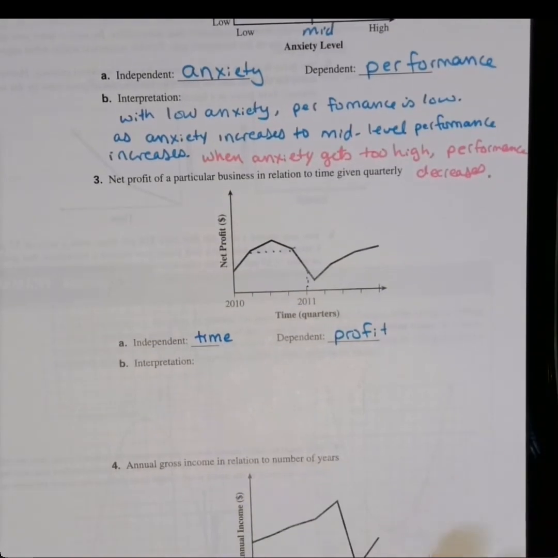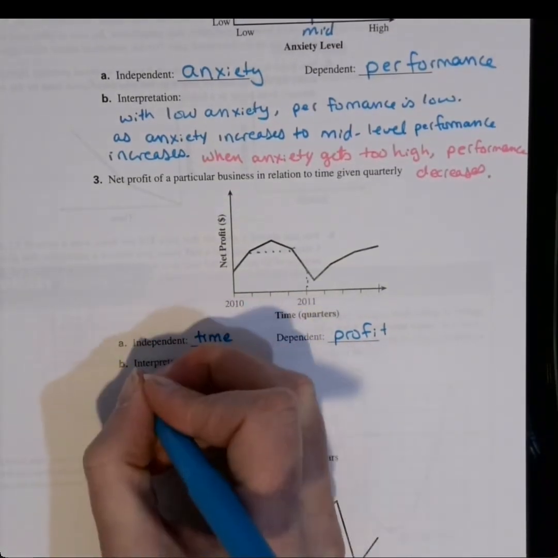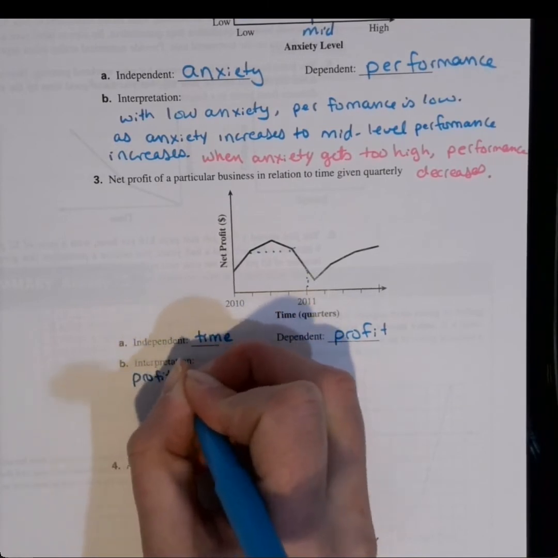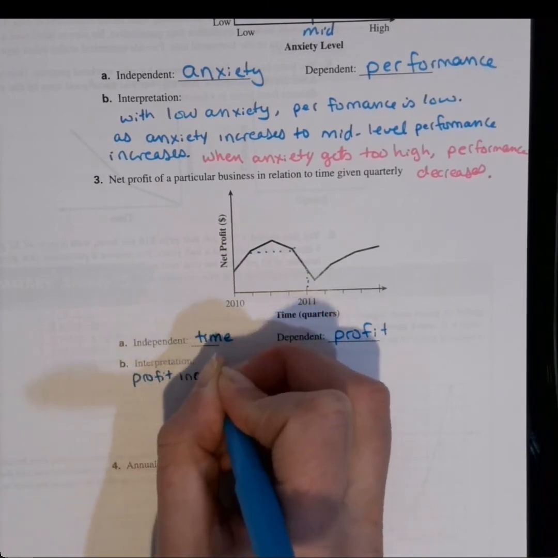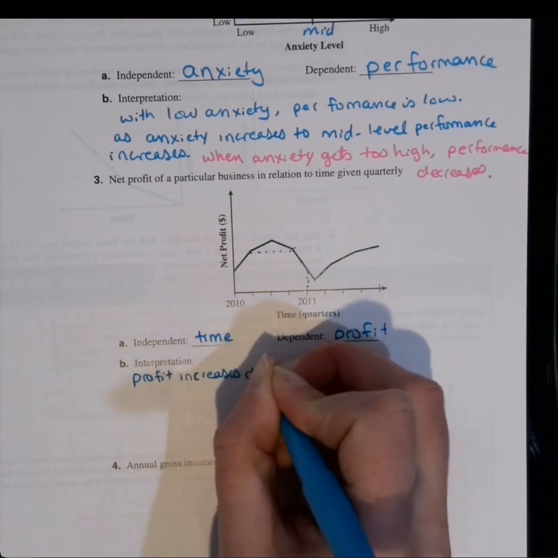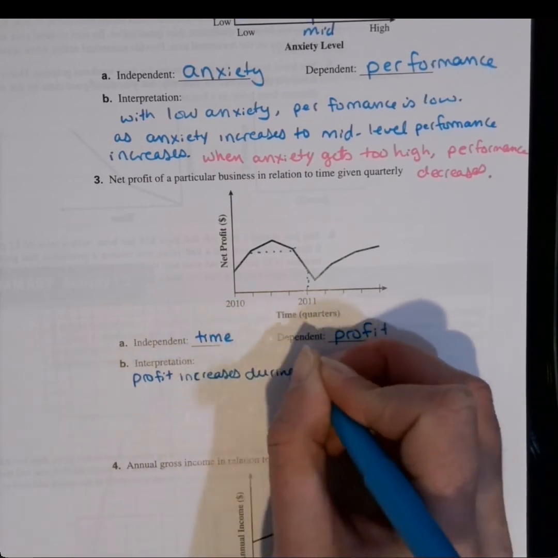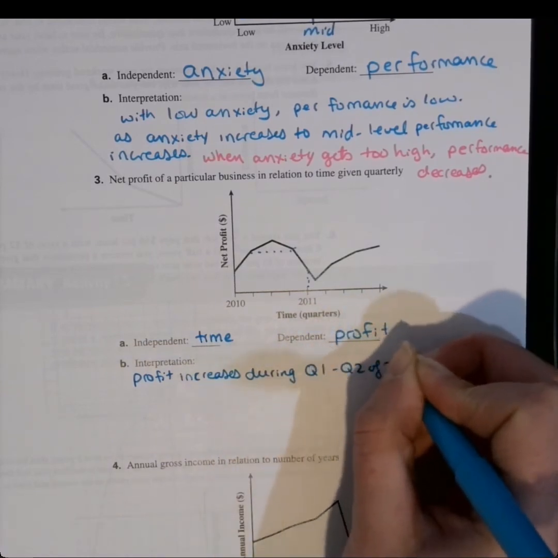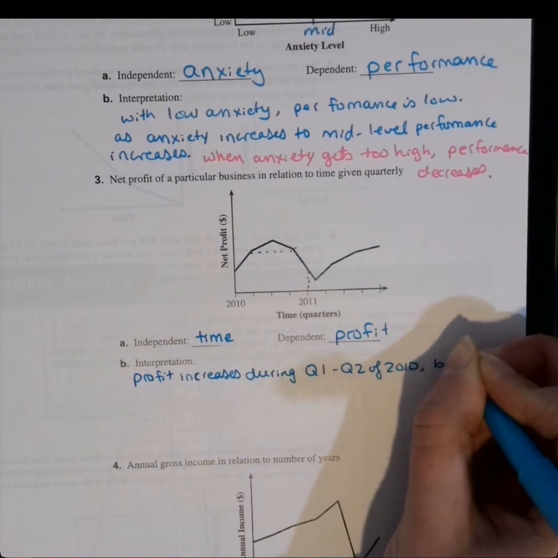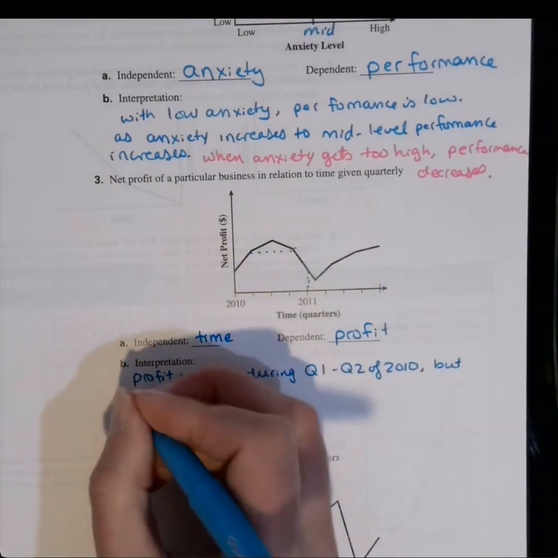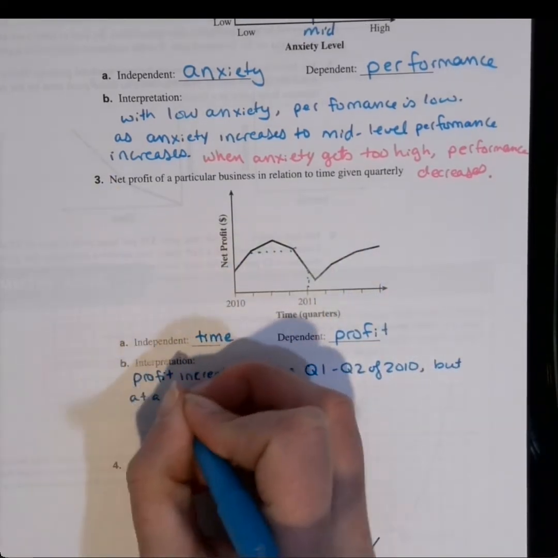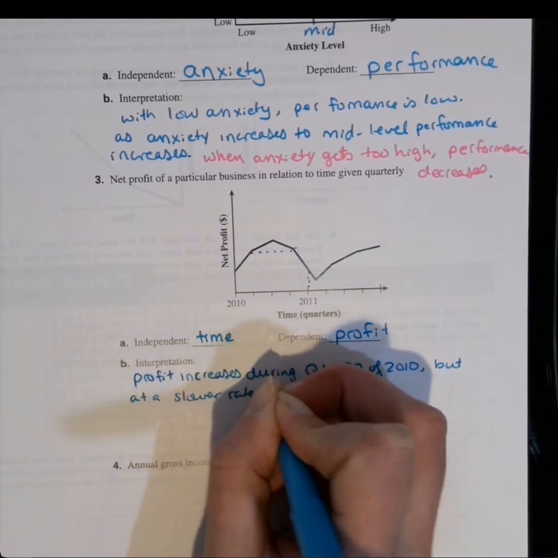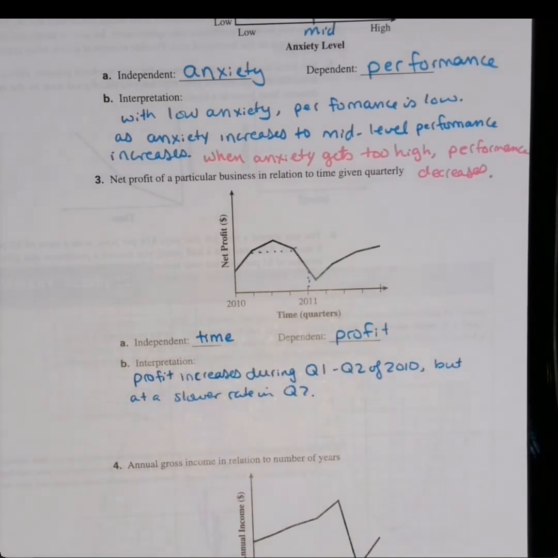So interpretation. So we'll say profit increases during the first two quarters, quarter one to quarter two of 2010, but at a slower rate in quarter two.